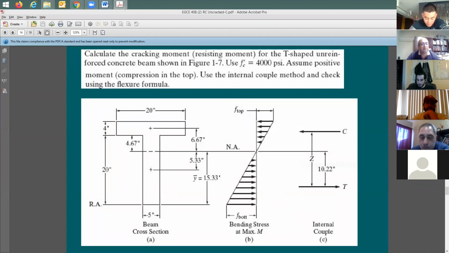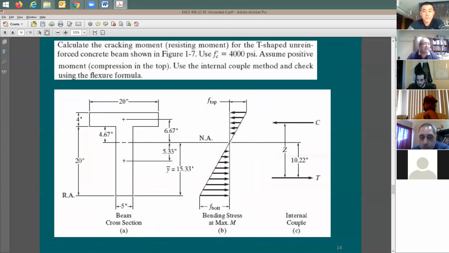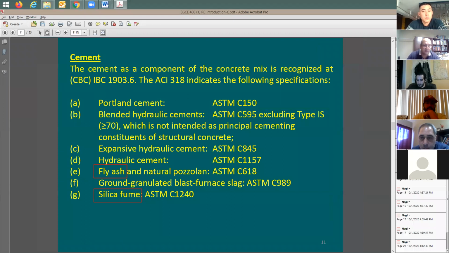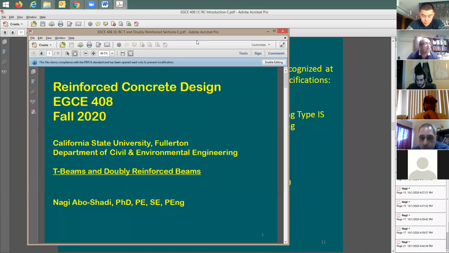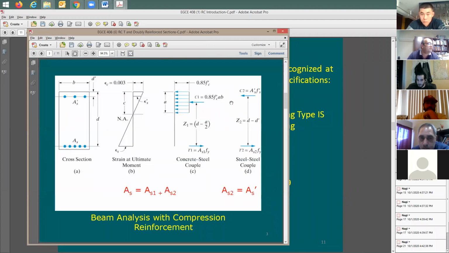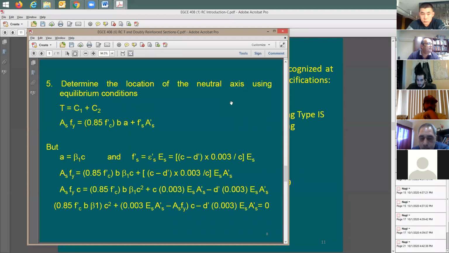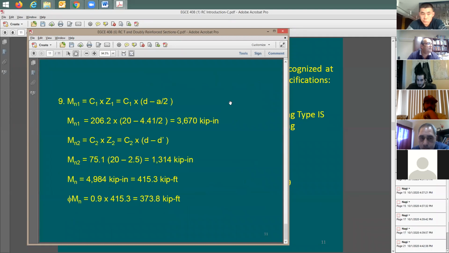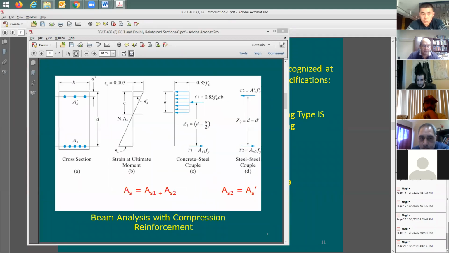When I say ignore the T section or ignore the flange, it means consider your section to be like this. That's it. If you have top reinforcement, I can also give you another example. Let's say here's your section, right? Oh, it doesn't have the T here.